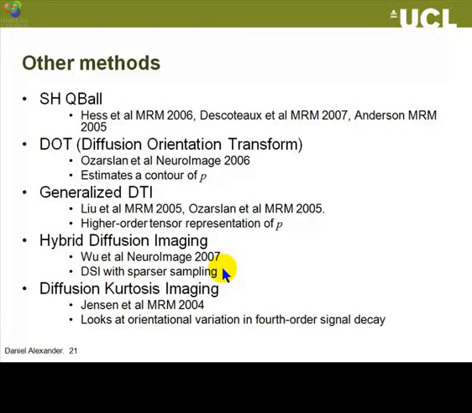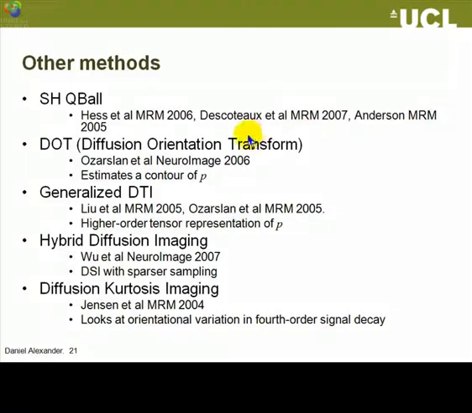As I said, there are all sorts of other things out there in the literature. Very briefly, some of the more popular ones. Spherical harmonic Q-ball replaces Dave Tuch's original radial basis function representation of the diffusion ODF with spherical harmonics, which are a bit more economical and elegant in some ways. The diffusion orientation transform, again, similar in spirit to DSI and Q-ball in that it estimates a function of particle displacements.